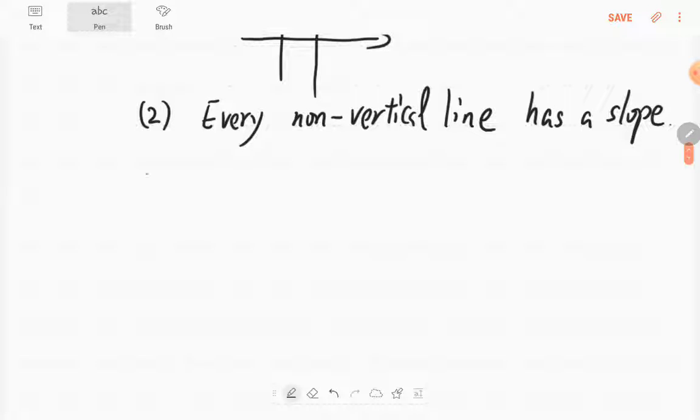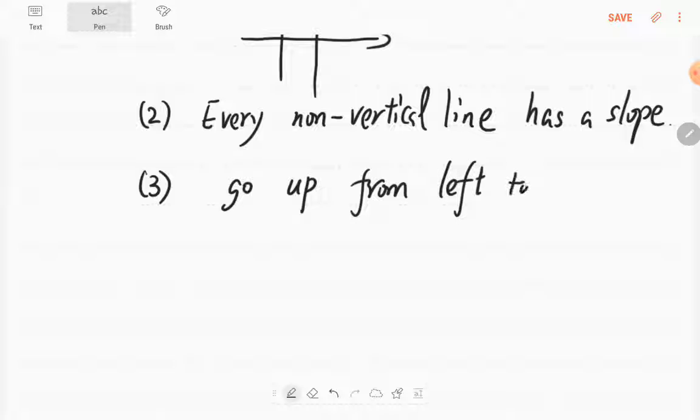So for the slope, if a line goes up from left to right, for this case the slope is positive.